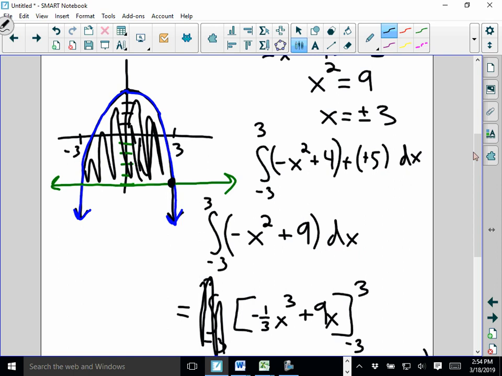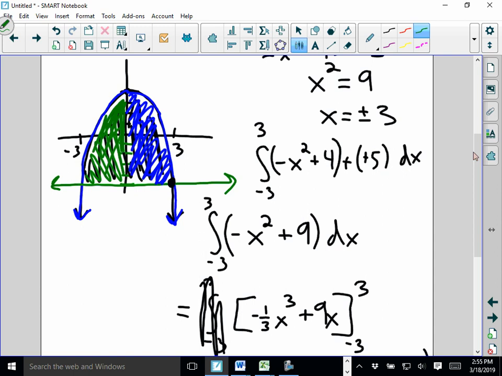So my thought is that this blue region right here and this green region, if that function is symmetrical, then the blue region and the green region should be identical. So all I have to do is find the area of either the blue or the green, my choice, and double it to get the answer.